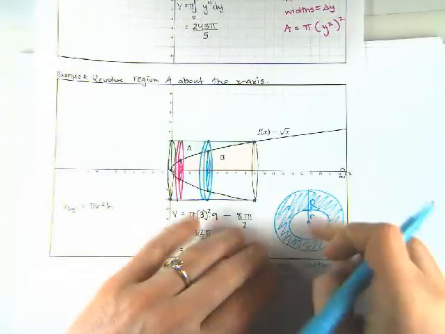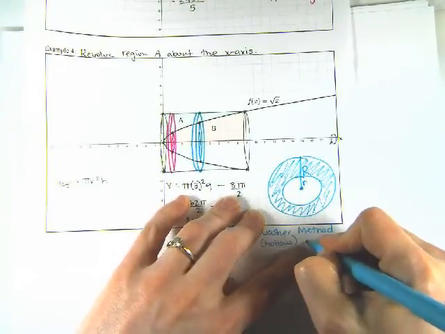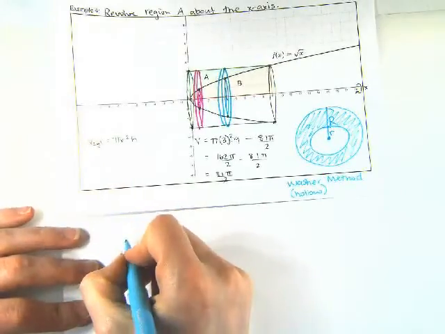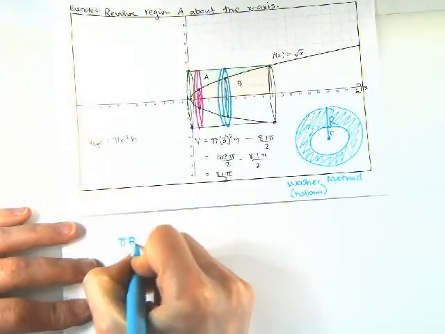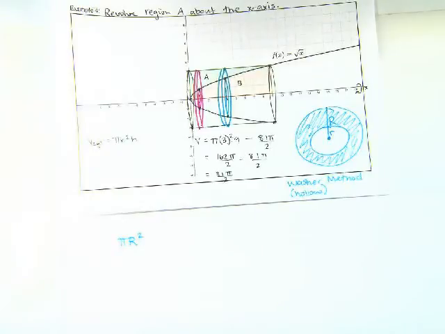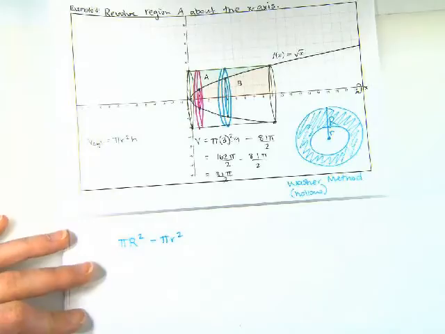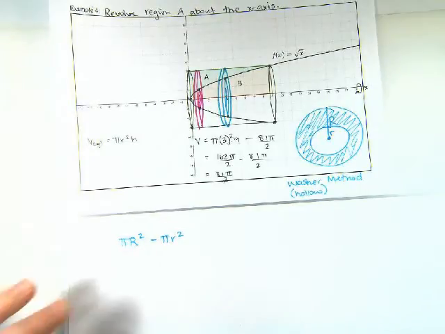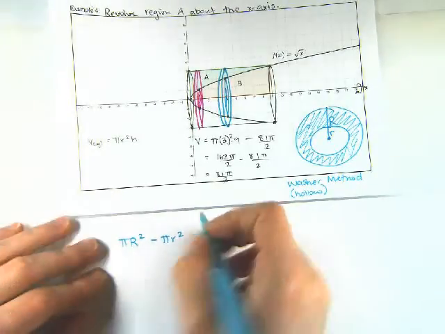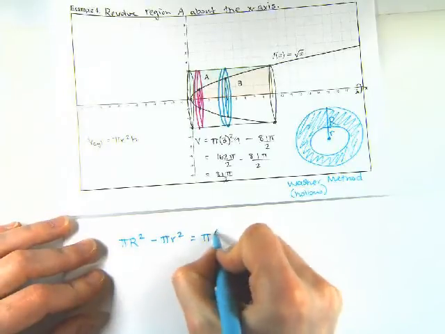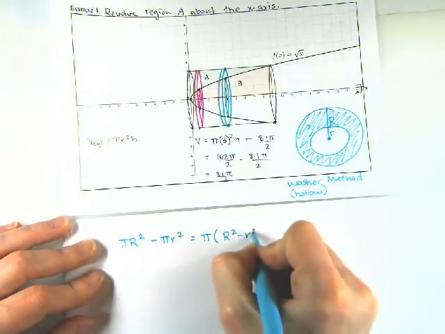So to find that area, we'd have pi big R squared, that's the total area, minus pi little r squared, that's the hollow part. Now to make this a little easier, we can factor out the pi and make this pi times R squared minus r squared.